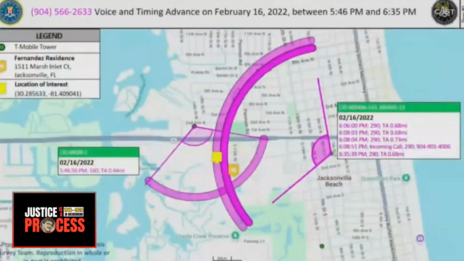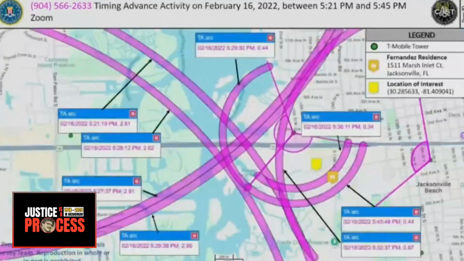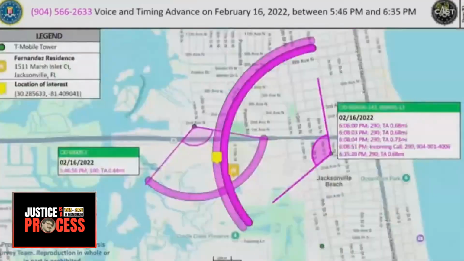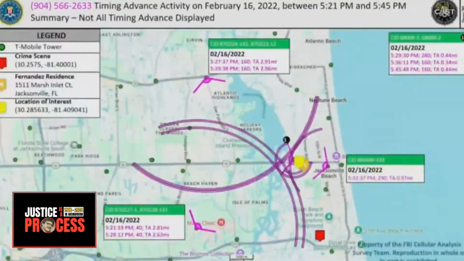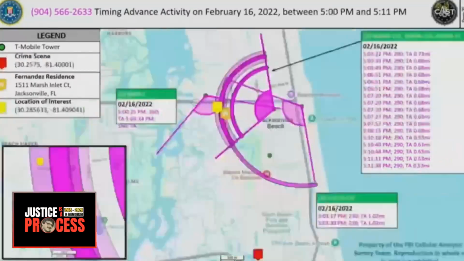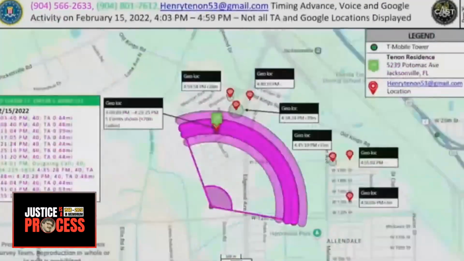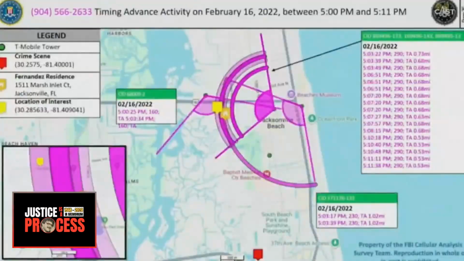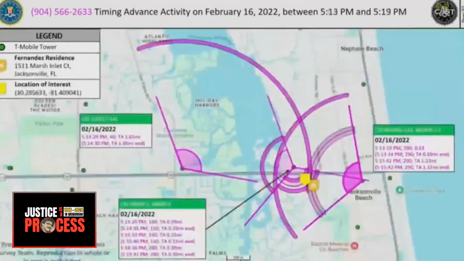Agent Blythe, on February 16th, we're seeing that there are timing advance records available for Mr. Fernandez's phone, and multiple timing advance records for this particular date. We see here on slide 36 over 15 different timing advance recordations in a span of 11 minutes.